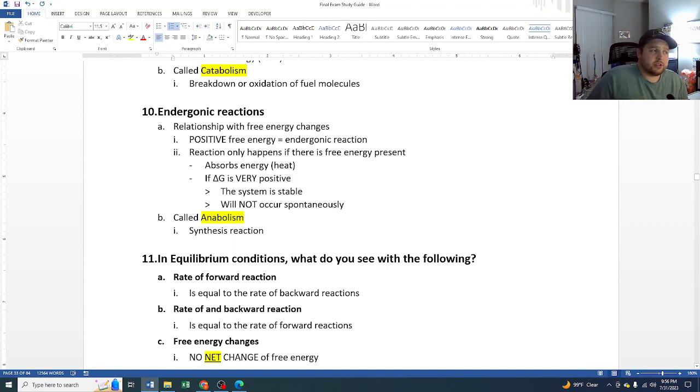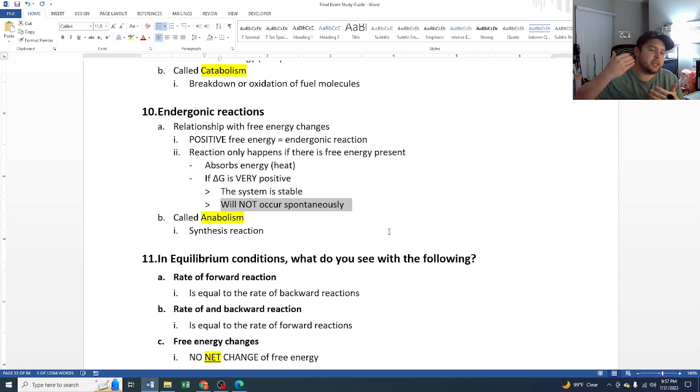Endergonic reactions are essentially the opposite, so they have a positive free energy. It's absorbing energy. The delta G is very positive. That's saying that the system is stable and it will not occur spontaneously. These reactions are not going to just happen. They're going to need some sort of assistance. Like, glucose does not just become phosphorylated on its own.